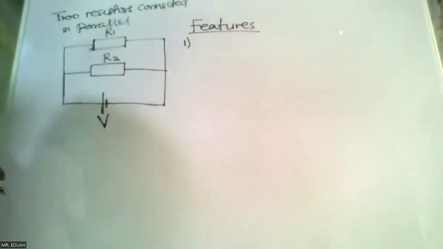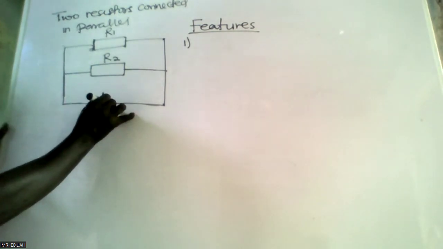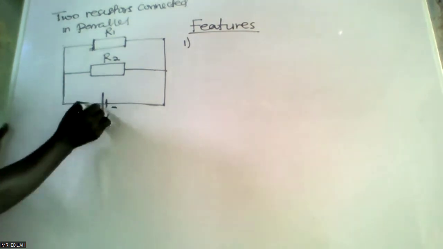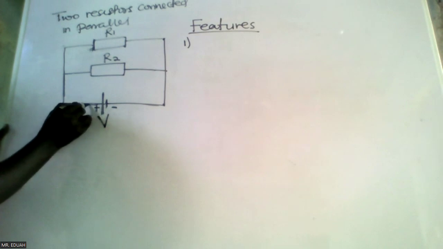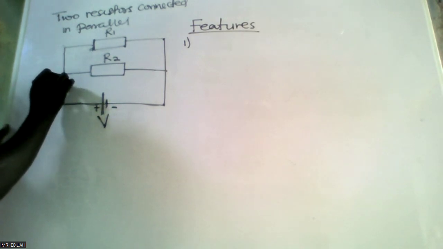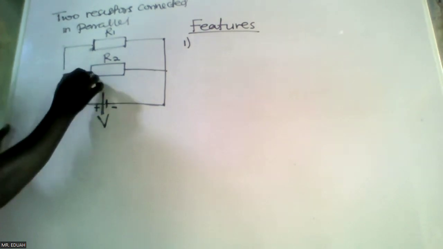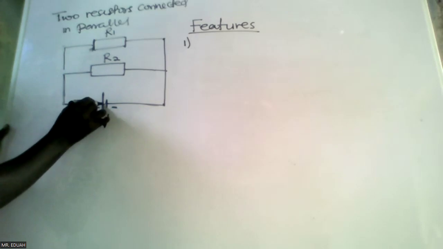This is because in parallel connection, this is plus, this is minus. A connector is picked from the positive of the source and linked to this resistor, so it is connected to the positive of the source.